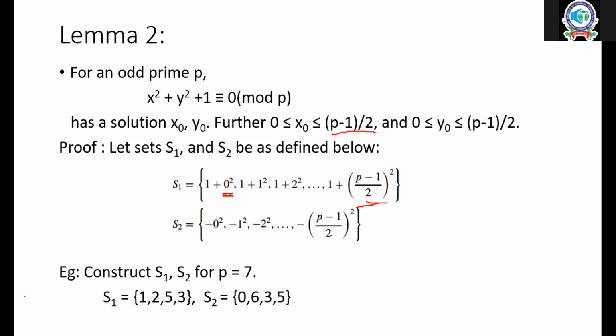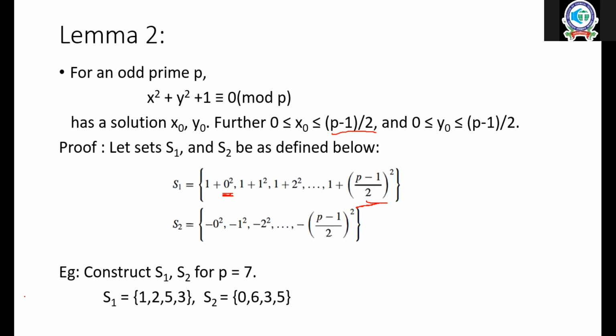How do the elements look like in S1? 1 plus a square, where a belongs to 0 to p minus 1 by 2. Yes, 1 plus a square and 1 plus b square, where a belongs to 0 to p minus 1 by 2 and b also from 0 to p minus 1 by 2. So there are two elements.